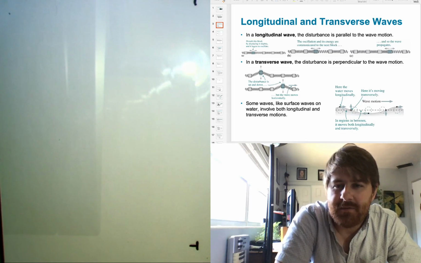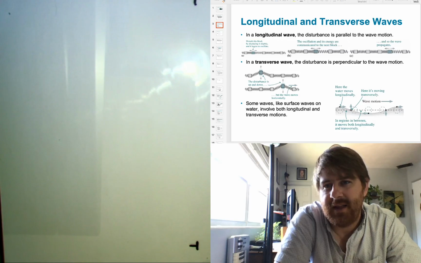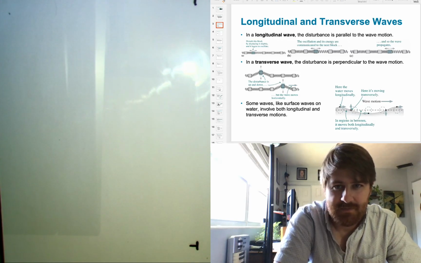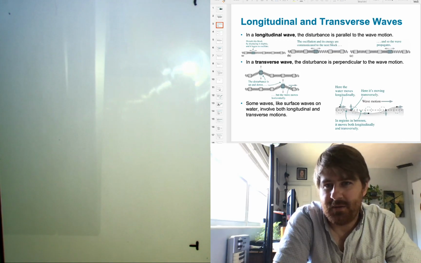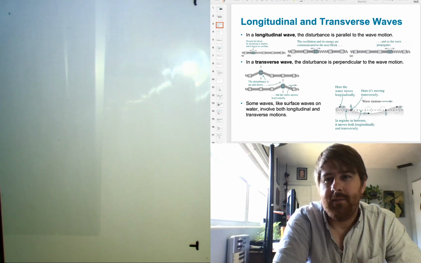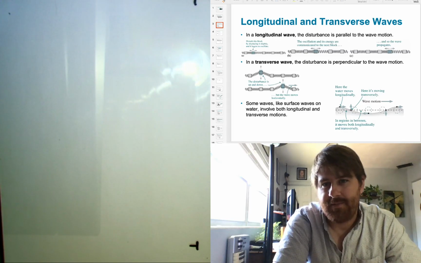So there's two types of this wave motion. There's a longitudinal wave. This would be like waves in a slinky or a spring, or also sound waves. In a longitudinal wave, the medium moves parallel to the direction that the energy propagates.